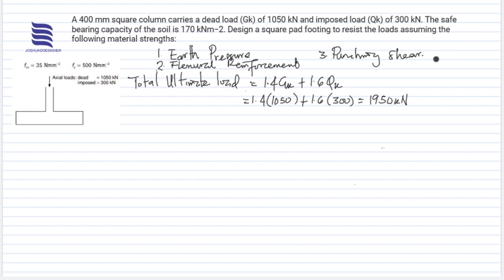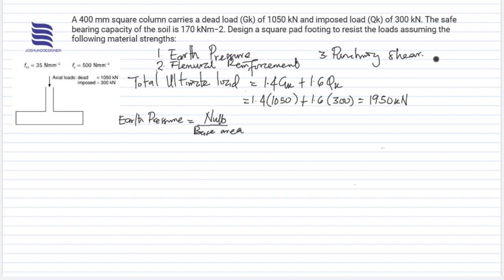Right? So to obtain the earth pressure, like I said, you use the formula, the ultimate load obtained divided by the base area, the one we calculated in the previous video.